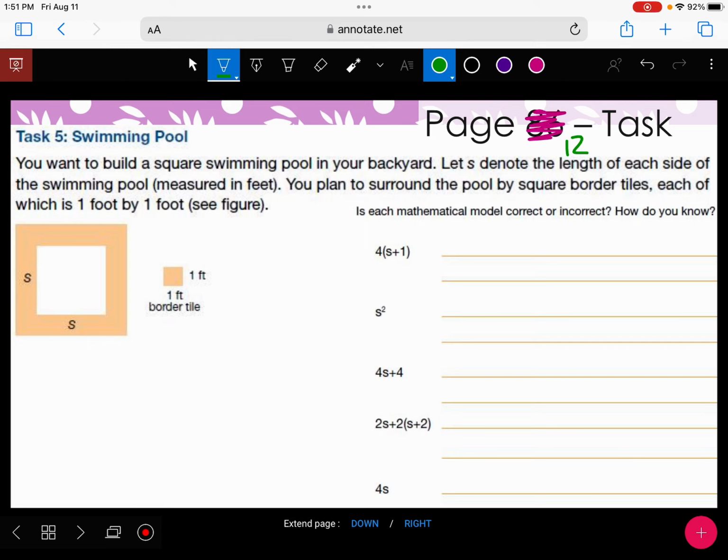Gotta find my pool. I found my pool. Okay. So I want us to see how many pieces it's gonna take. Yes. Let me write you that.